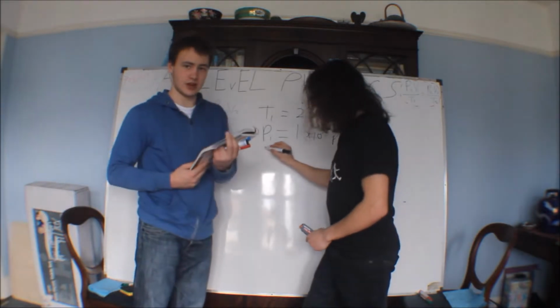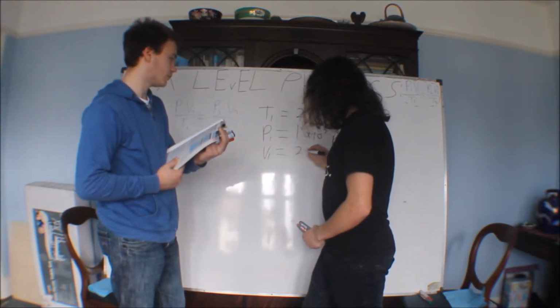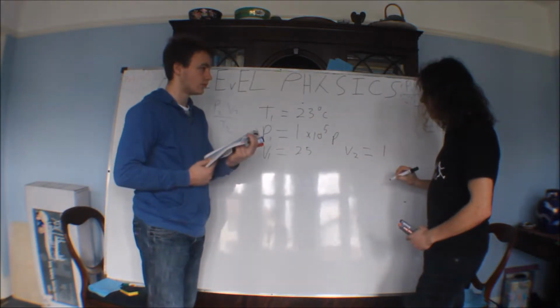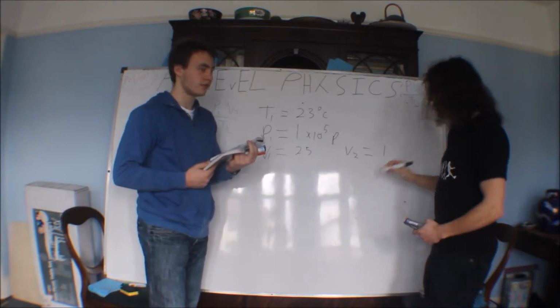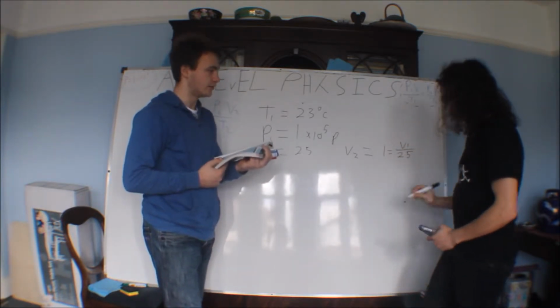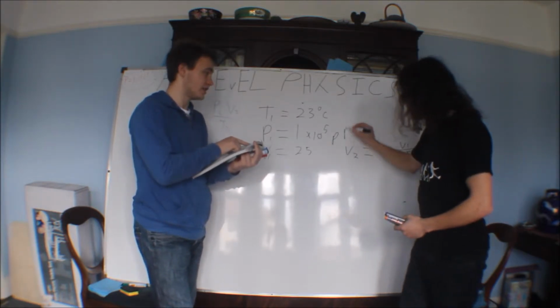That's pretty important. V1 will equal 25, say, and our V2 will equal 1. Or our V2 will equal our V1 over 25. I think that's a better way. So it does that, and the pressure rises.